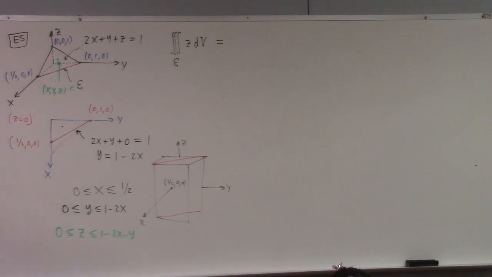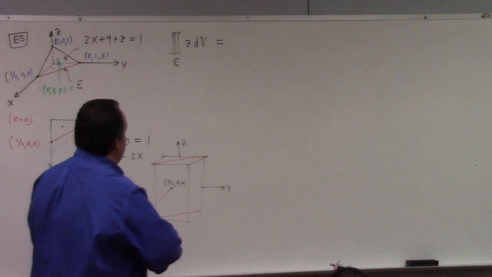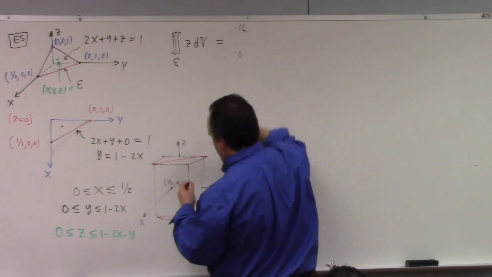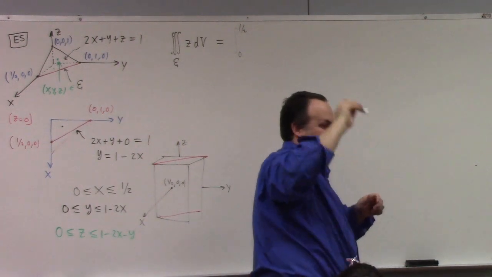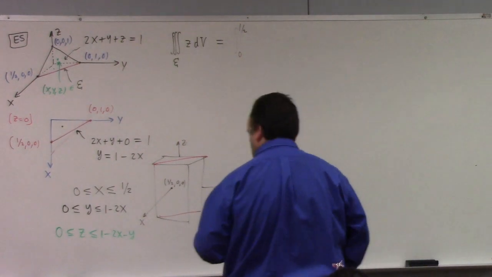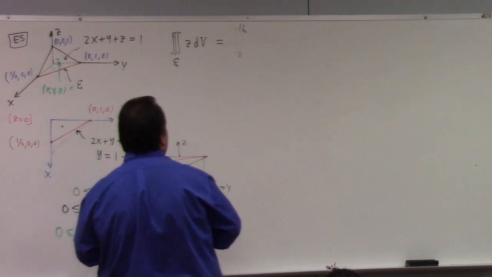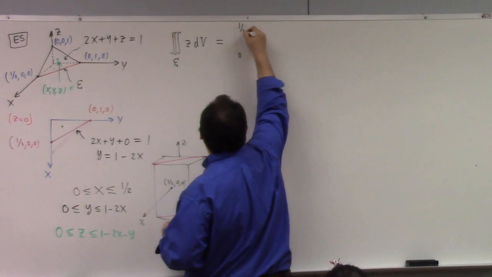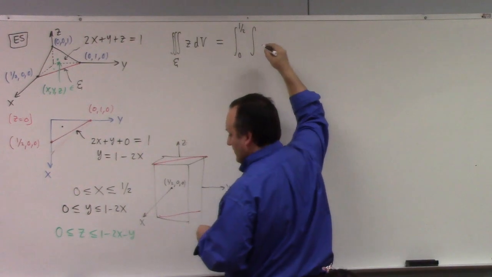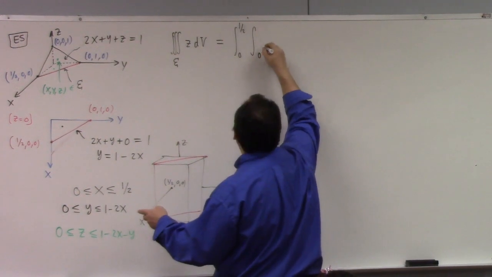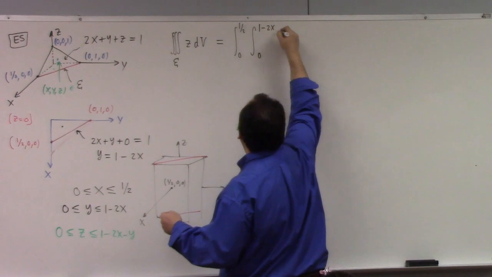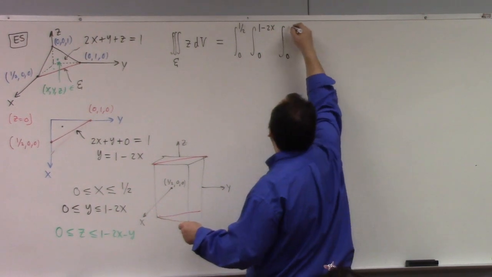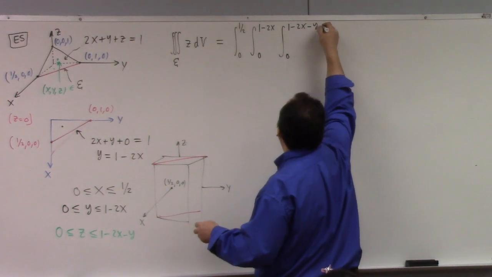All right, so now we can set up the integral. And the way it goes, we have the integral from 0 to 1/2, integral from what? 0 to 1 minus 2x, integral from 0 to 1 minus 2x minus y.